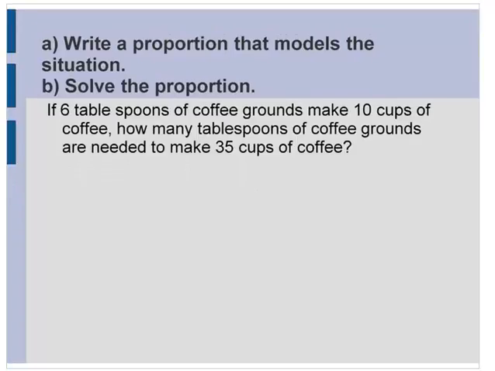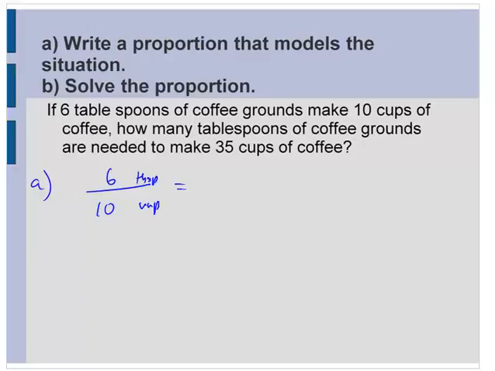Alright, why don't you try this one on your own? Write and solve a proportion that models this problem. If 6 tablespoons of coffee grounds make 10 cups of coffee, how many tablespoons of coffee grounds are needed to make 35 cups of coffee? Alright, so let's set it up. 6 is to 10, tablespoon, cup.